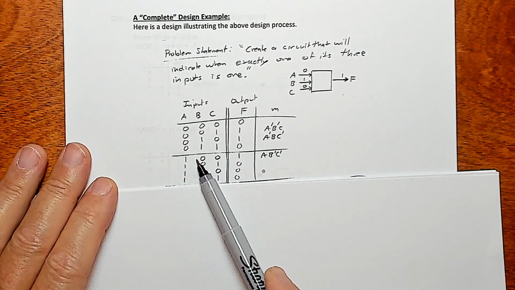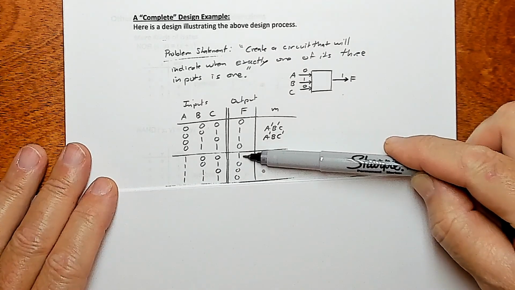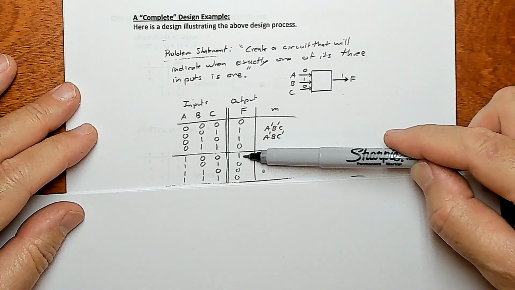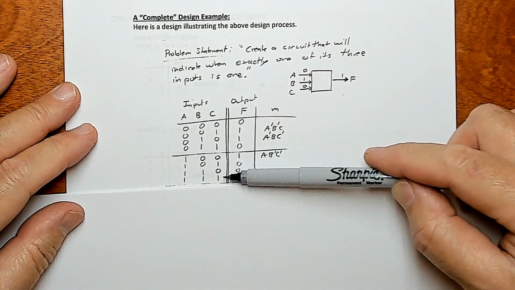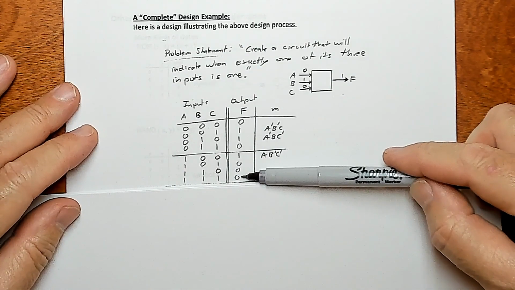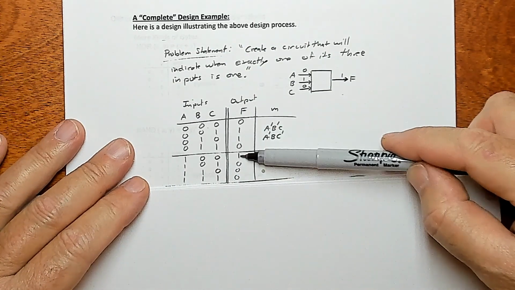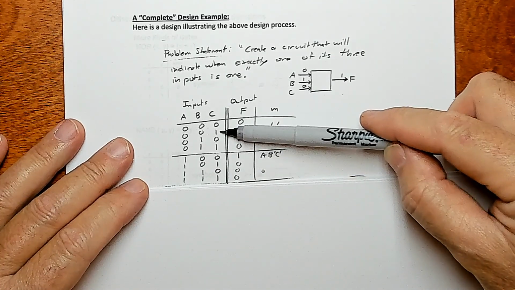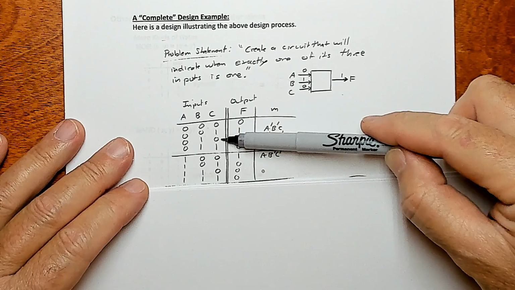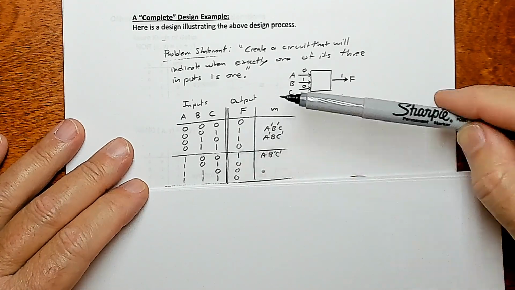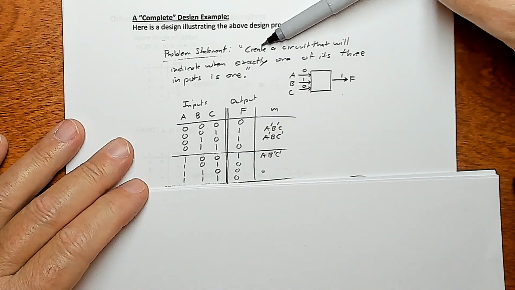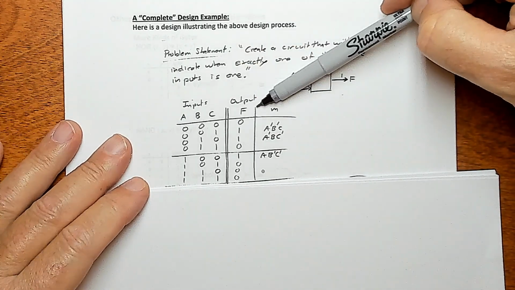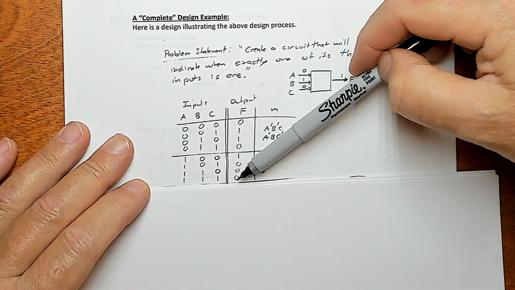This row here has exactly one 1 right here on the input. So we mark that. The others have 2 or more 1s, so no dice. Okay, so we want these outputs to light up when we detect these inputs. So we started with a problem statement, and then you think about it till you understand it enough to create this table.